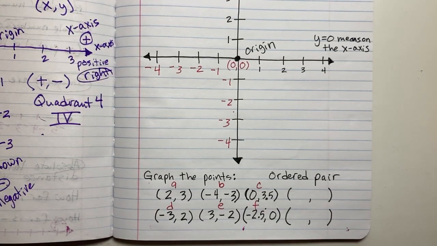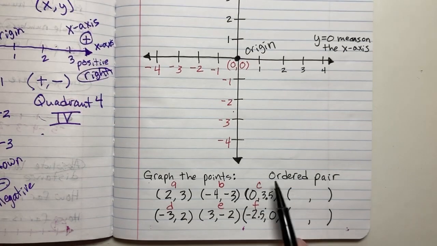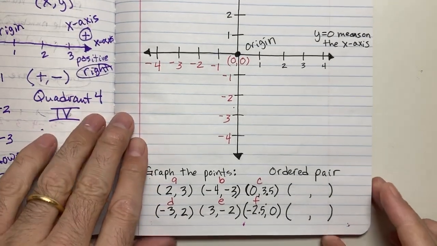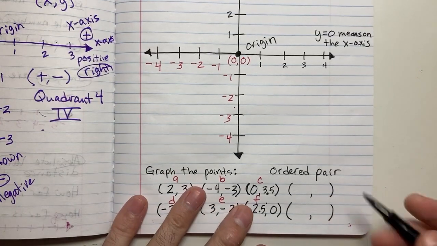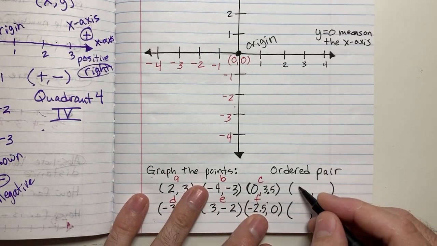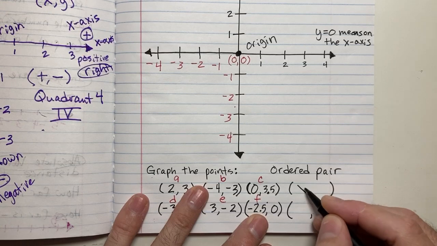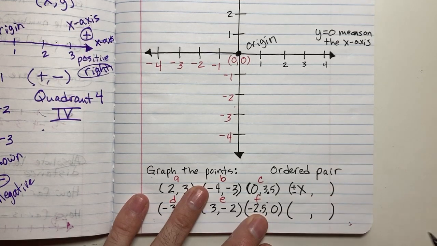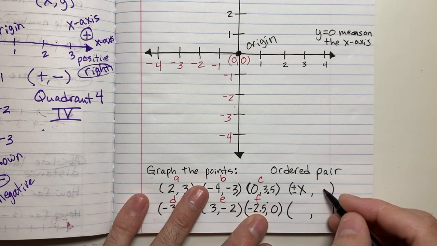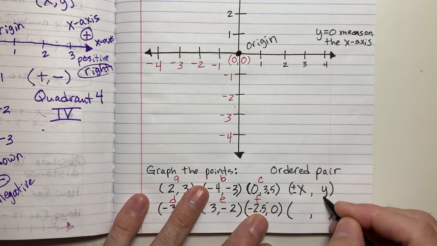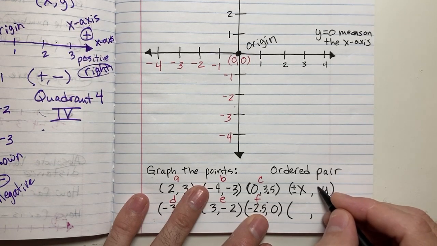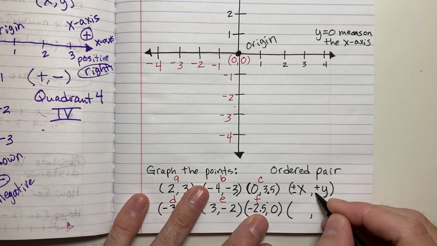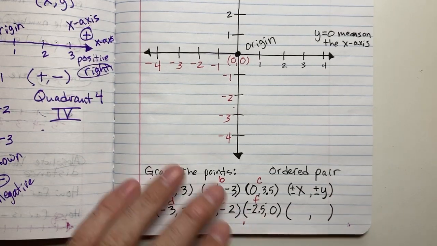As we get started with the lesson here, graphing, we need to use our ordered pairs. In the ordered pair format, we're always going to start with the x value, which is going to be positive or negative, and then the y value, the y coordinate, which could also be positive or negative.